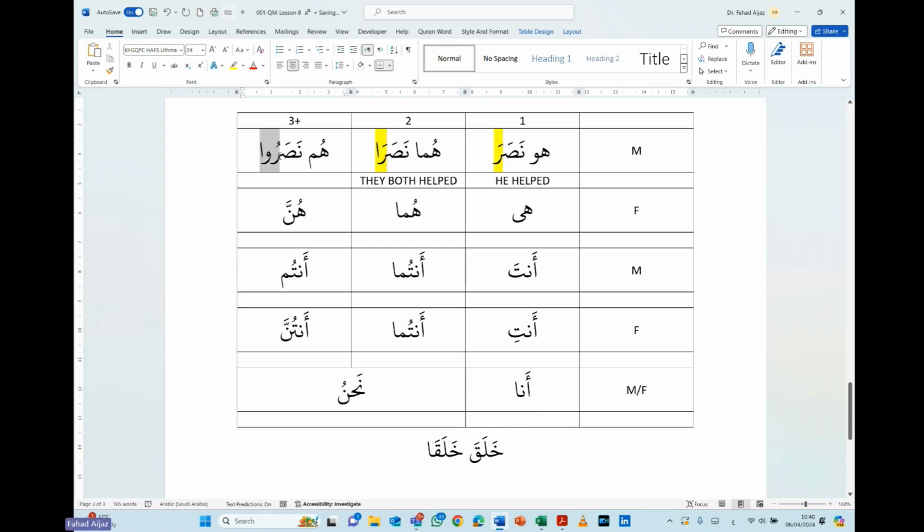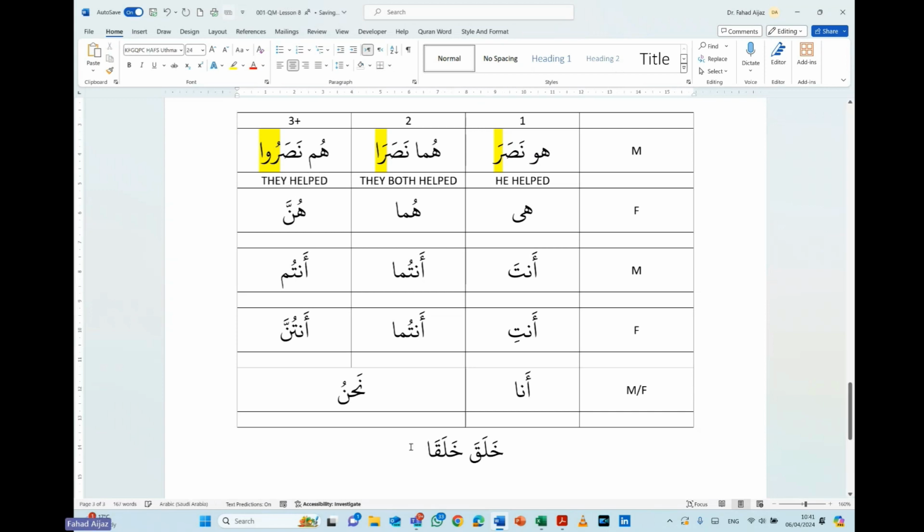This u ending basically is telling you that this is hum. Nasaru. Okay. So you have the waw and alif in the end that is coming with the dhamma on the last root letter. It is telling you there is a hum inside it. It's a masculine hum. Huwa nasara, huma nasara, hum nasaru. And this would mean they helped.